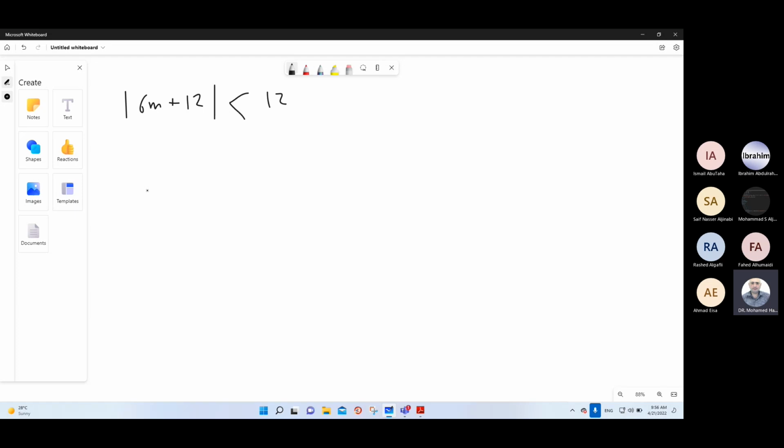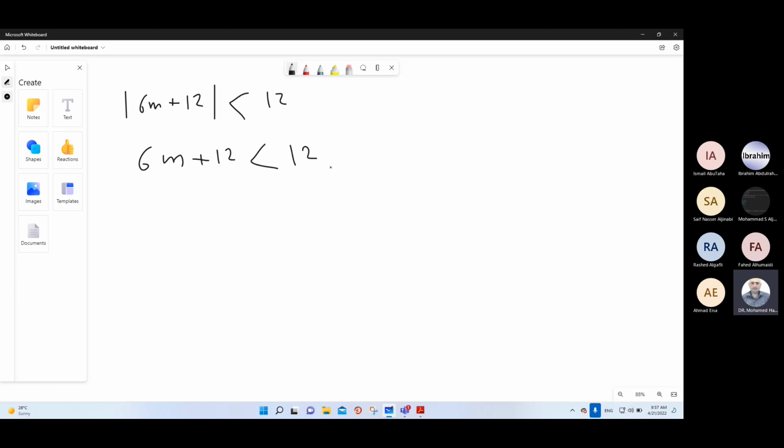So when you see this inequality, including absolute value, and we have this sign, always remember we have two cases. The first case, if the value here is non-negative, so write the same value, 6m plus 12 less than 12.